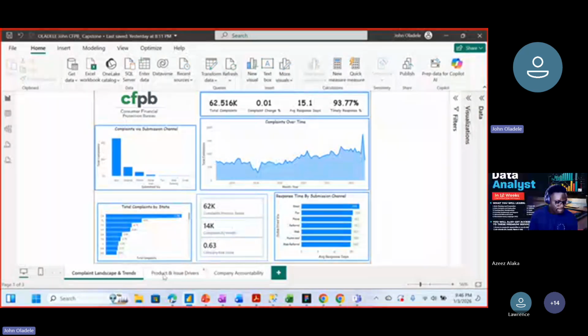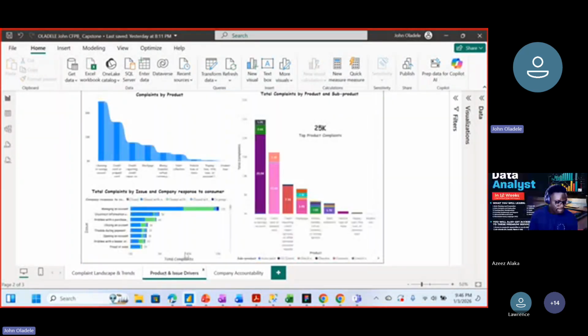Okay, on my second page, I'm showing the complaints by products, and you can see that the checking or savings account has the highest number of complaints with over 20,000 complaints, followed by credit card or prepaid card complaints, then credit reporting and credit repair, and so on all the way down.